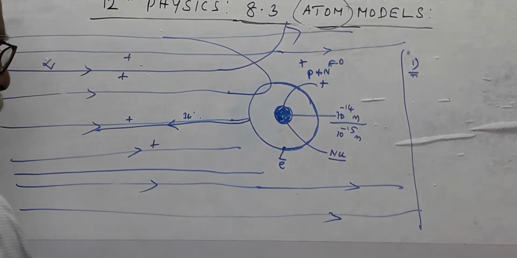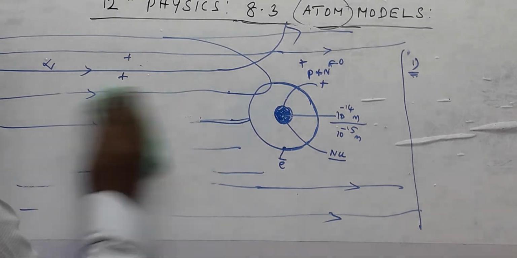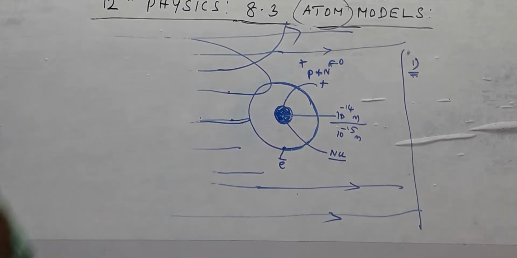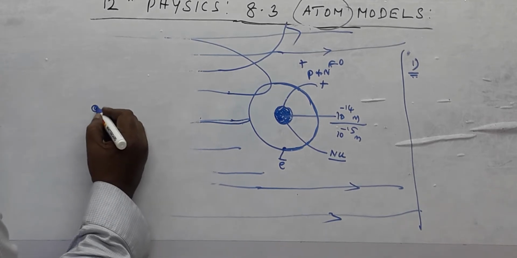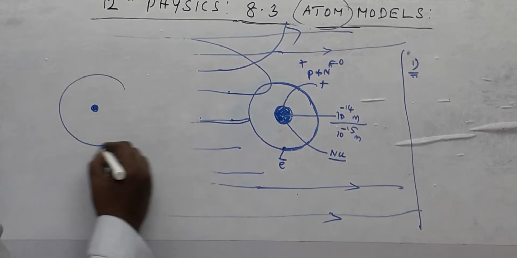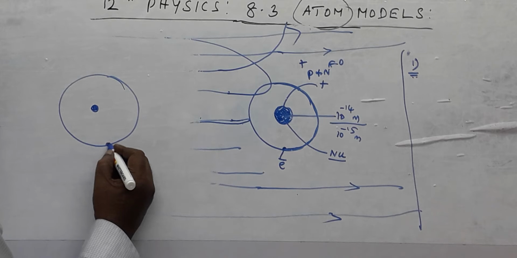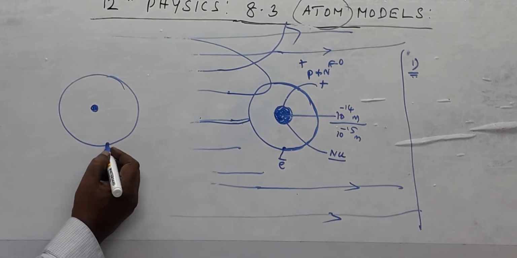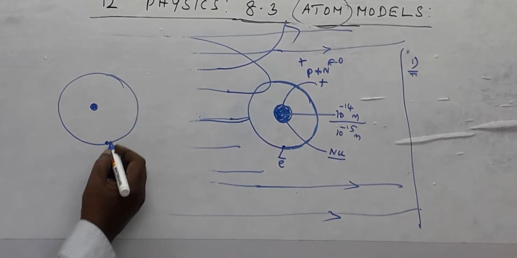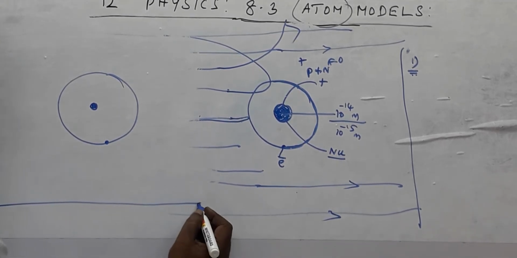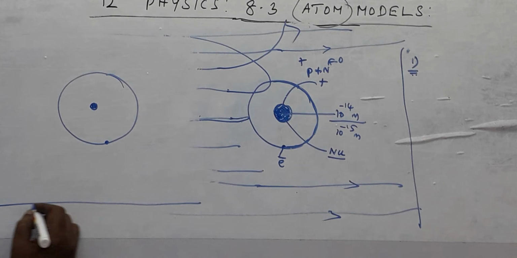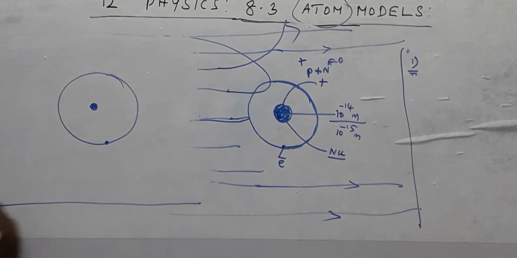If any electron, which is considered to be in the orbital around the nucleus, is continuously revolving, then consider this a straight line on the Earth's surface.